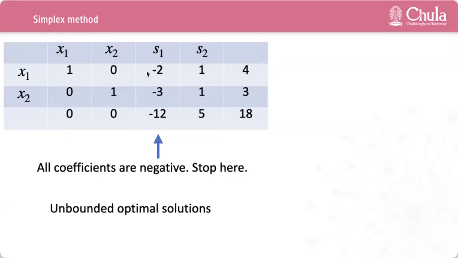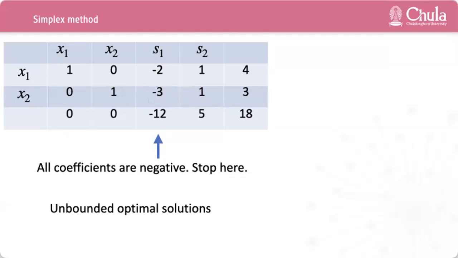All coefficients in this column are negative. So we cannot further improve, because we cannot remove any original basic variable.